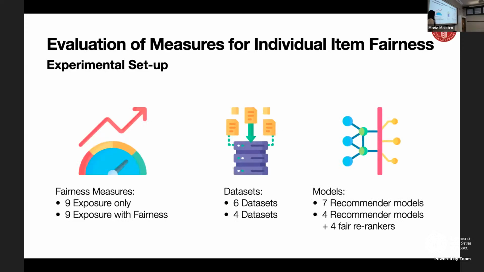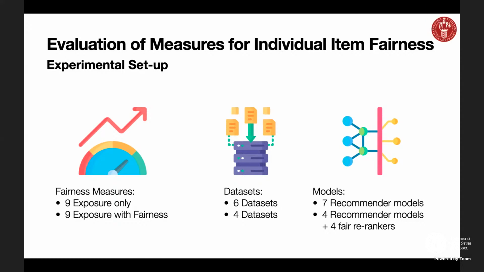So we also evaluate these measures from an experimental point of view. We had 2 different sets of experiments where we considered 9 measures with exposure only, and 9 measures with exposure and relevance.